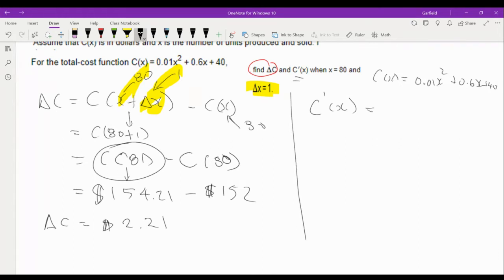So we're finding the derivative of that, which becomes 0.02 X plus 0.6. Does everyone agree with that for the derivative? Okay. And they say to find that when X is equal to 80. So let's plug 80 into this.